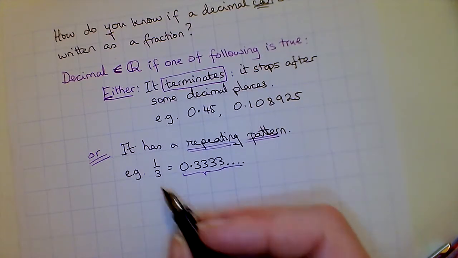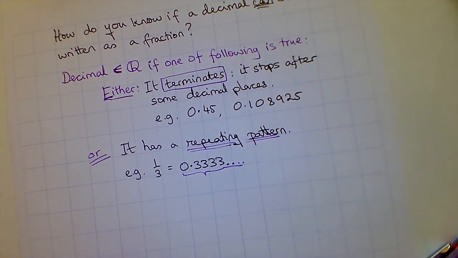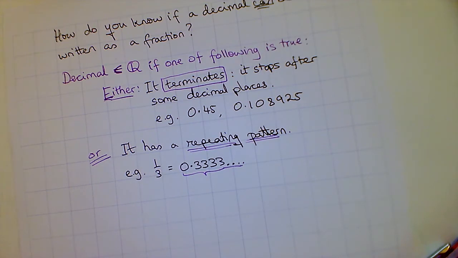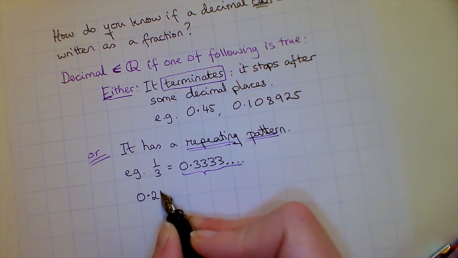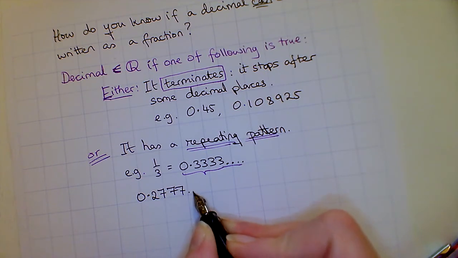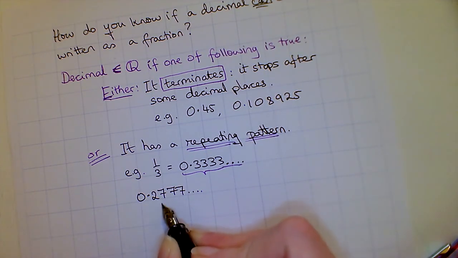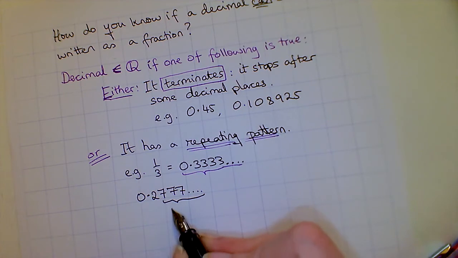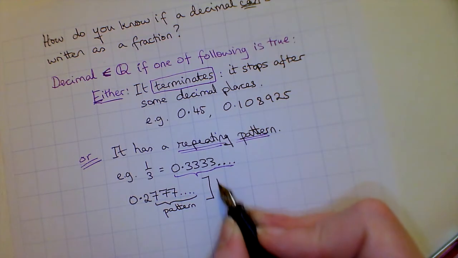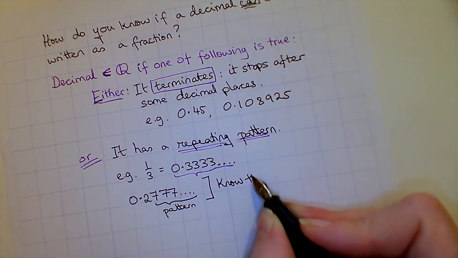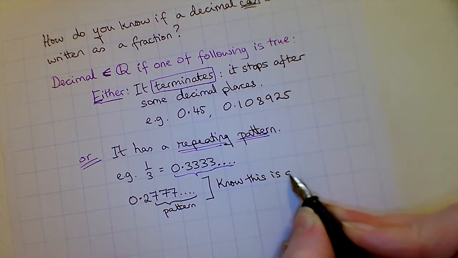So if I see a decimal like this, for example, let's see, to get a good example, 0.2777. Okay, it won't always be the same number, but eventually you just see a repeating pattern. We don't know what fraction it is, but we know that this is a rational number.